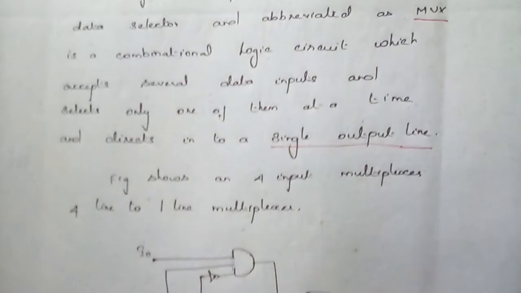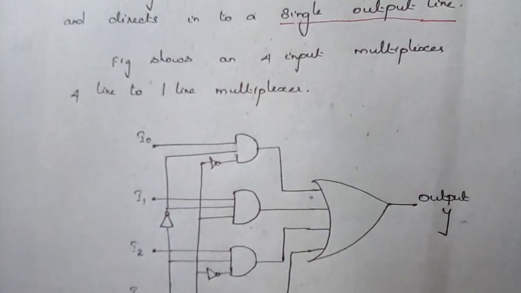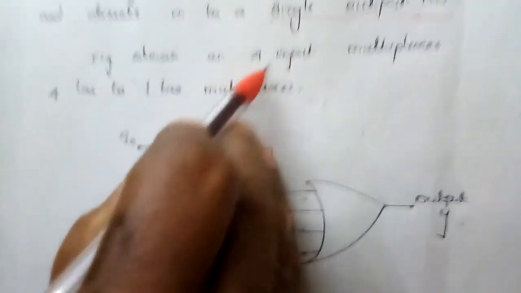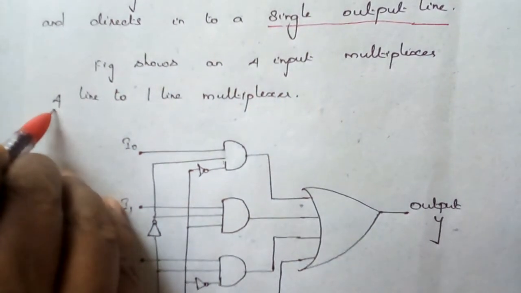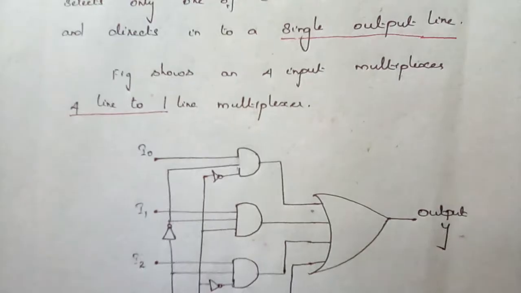Okay, and simply speaking, multiplexer can also be said as the mux and it's a combination logic circuit, right? And in this figure, it is provided with the 4 input multiplexer and it is known as the 4 line to 1 line multiplexer.